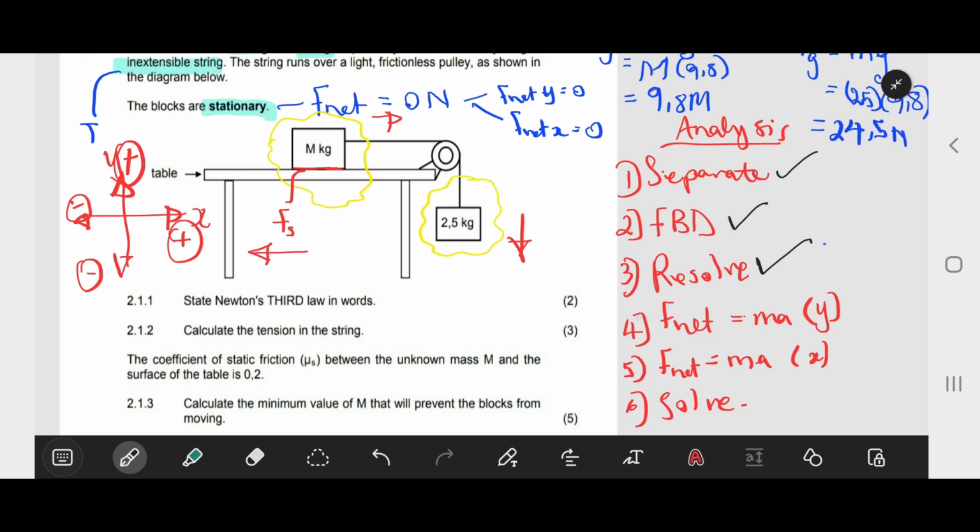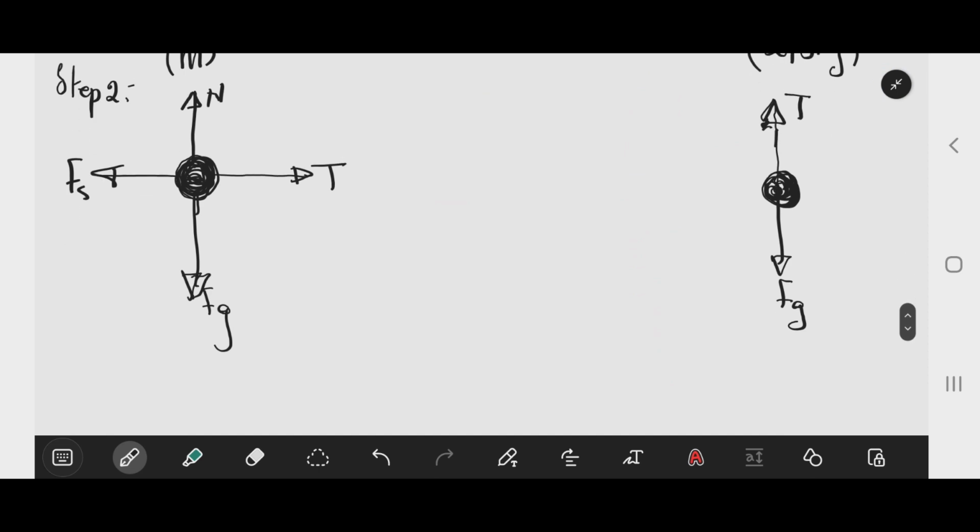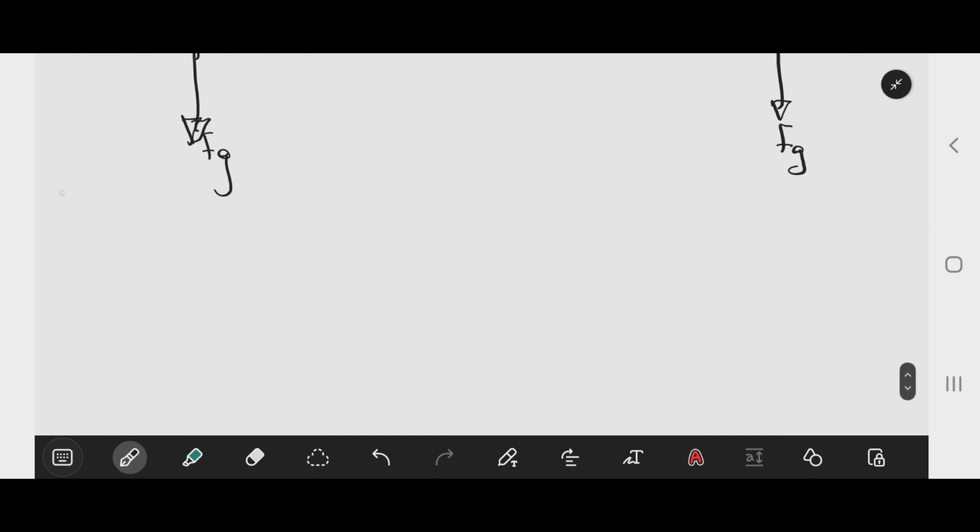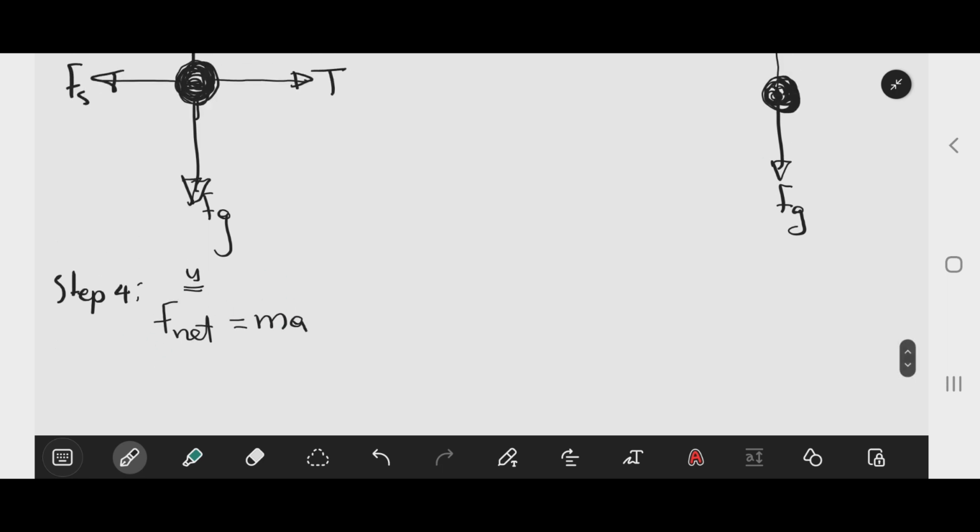Now we can go to step number 4, which is net force in the y direction for both objects. Let's start with the block of mass m, F net in the y direction. Remember, net force equals ma.